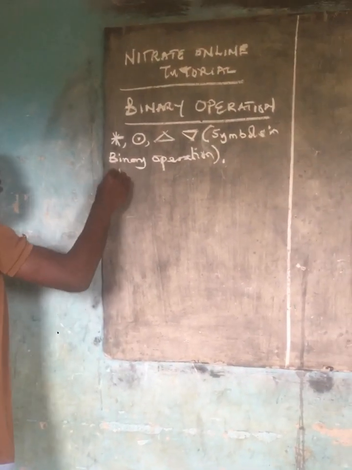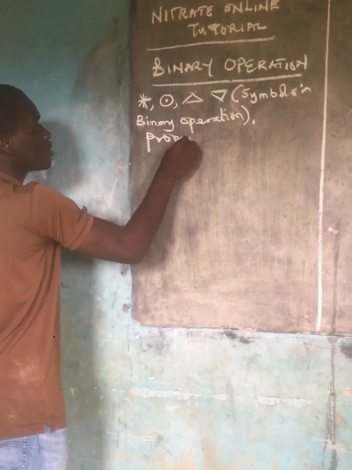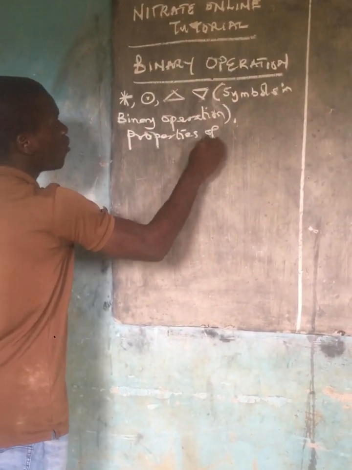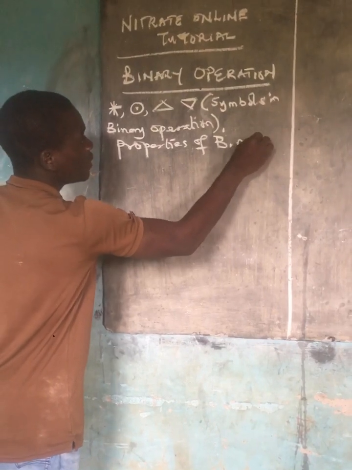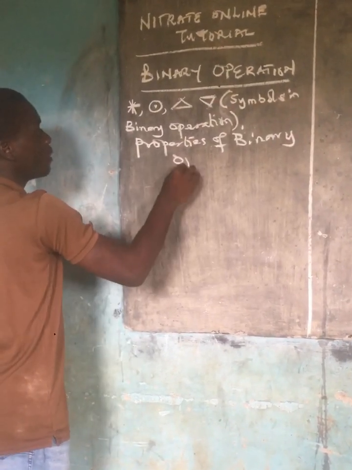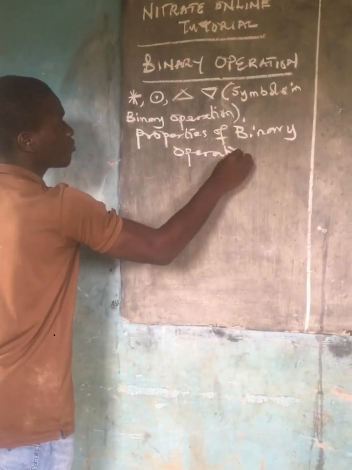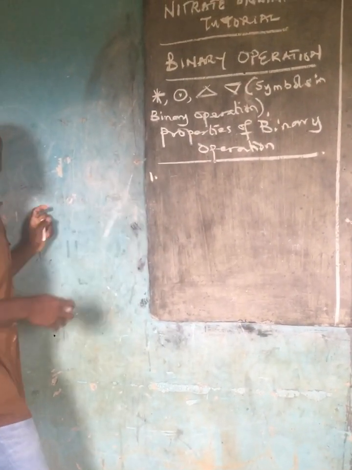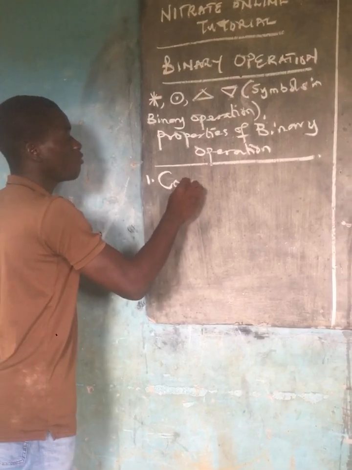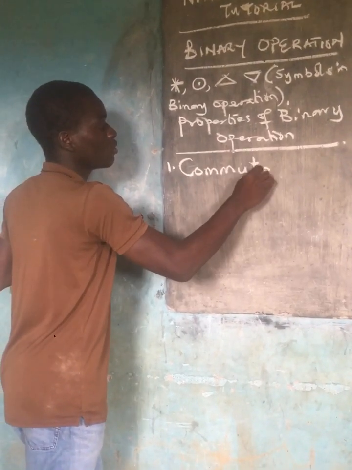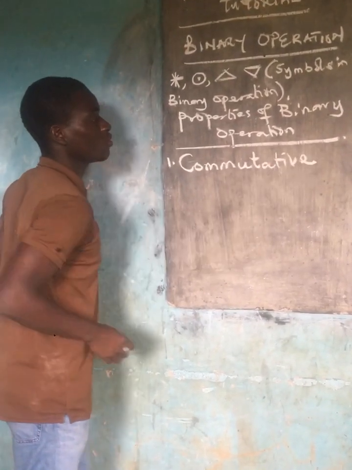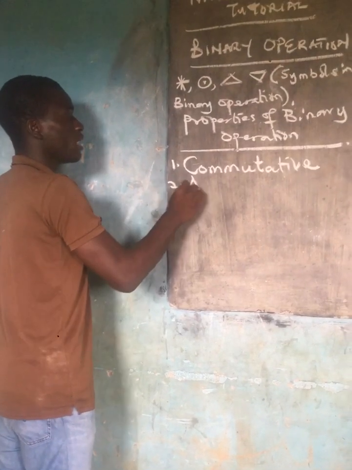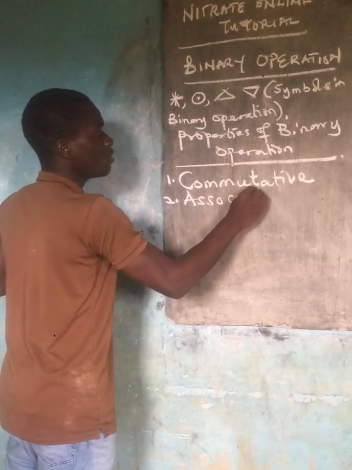We have properties of binary operation. Number one, we have commutative property. Number two, we have associative property.